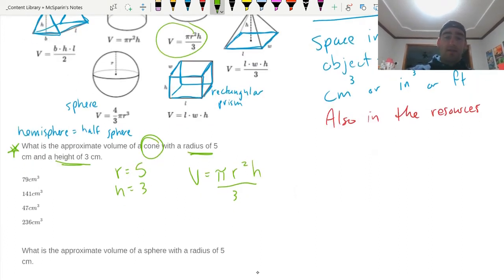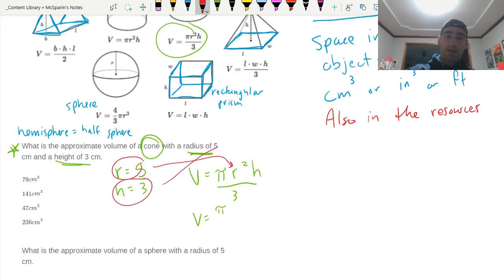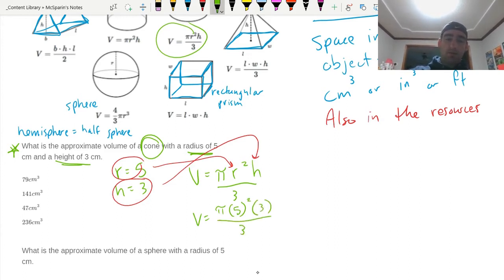I'm going to rewrite that, v equals pi, and then I'm going to take my r and put it there, and my h and put it there. So that's going to give me pi times 5 squared times 3 divided by 3.